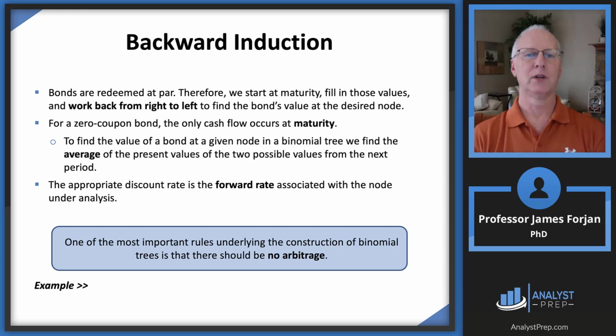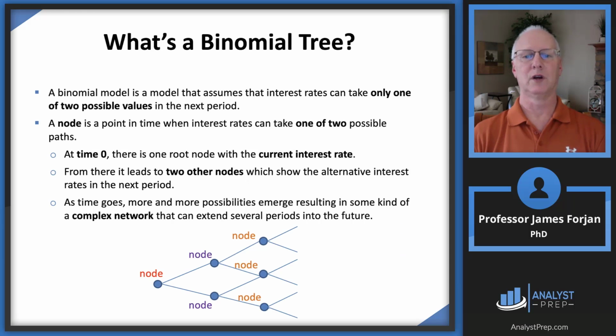Now, backward induction is a concept in which we are going to do something like this. So let's go all the way out to the far right nodes. If this is a fixed income security, what do we know happens on the maturity date? We know that the bondholder is going to receive the par value or the principal amount of the bond.